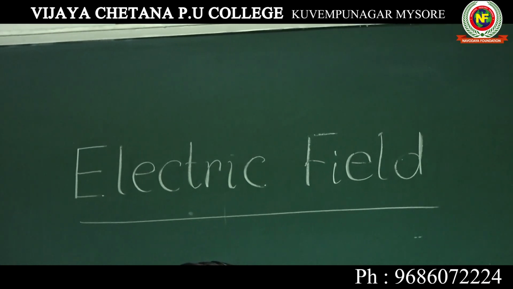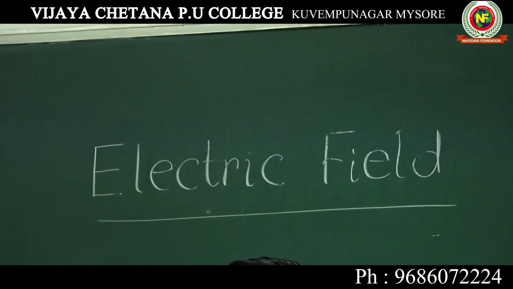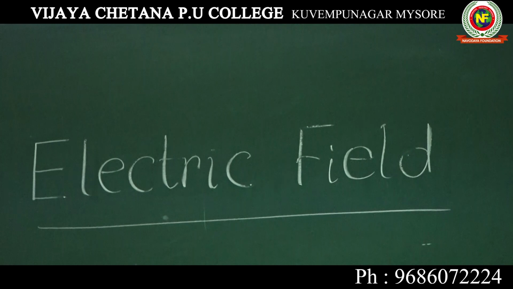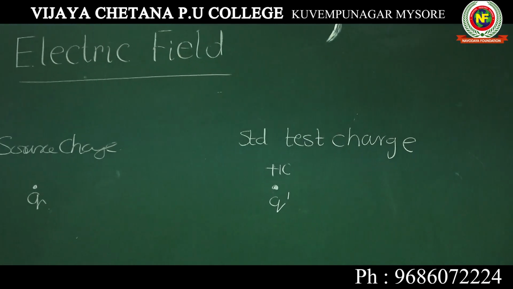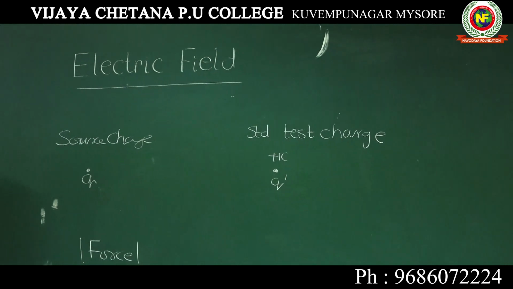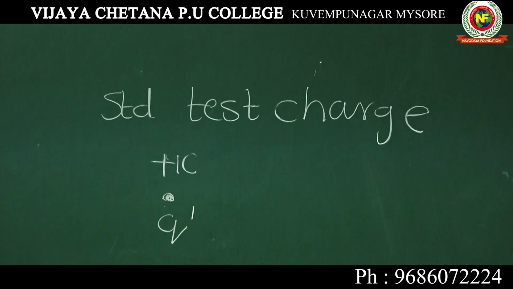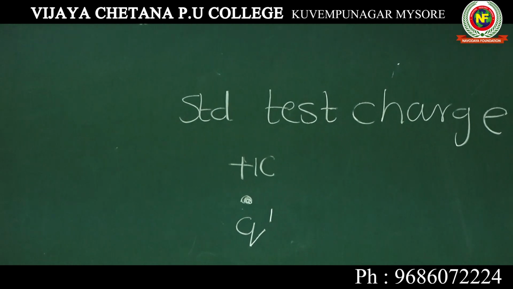Standard test charge. What is it called? Standard test charge. And this is called source charge. Source charge and standard test charge. You must understand this. So Q is the source charge and in place of Q dash I have placed +1 coulomb. That is the standard test charge.